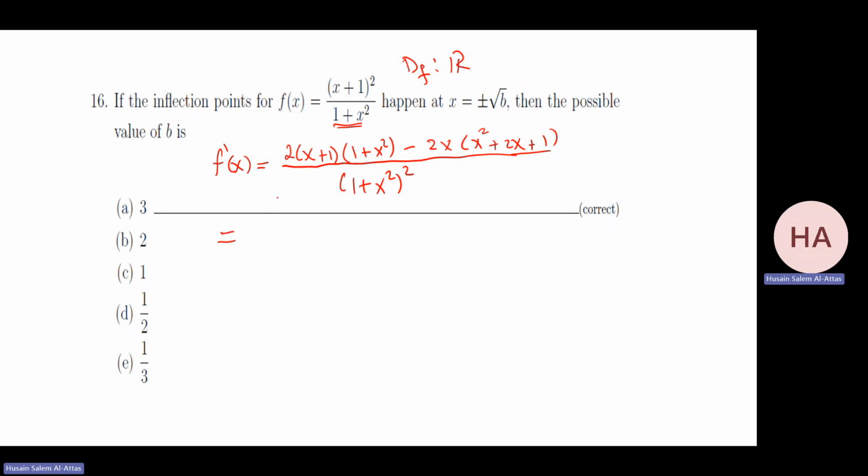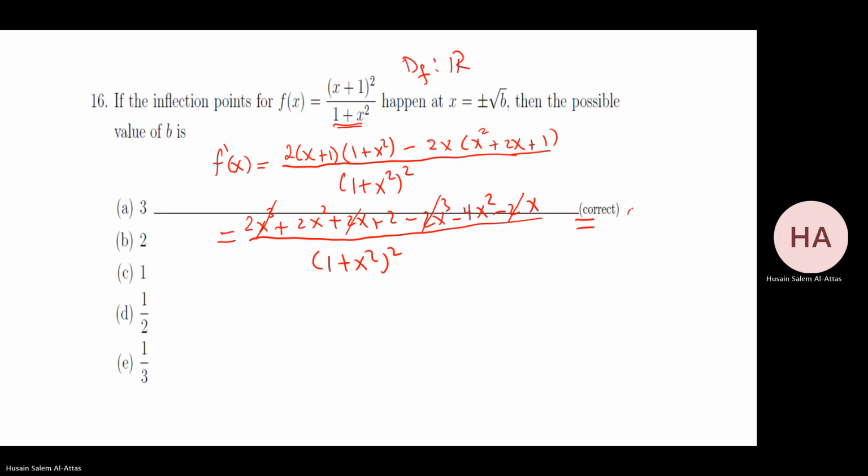So that will be what? 2x cubed plus 2x squared plus 2x plus 2, minus 2x cubed minus 4x squared minus 2x, over this. Note this cancelled and this cancelled. And we're getting what? 2 minus 2x squared over this.